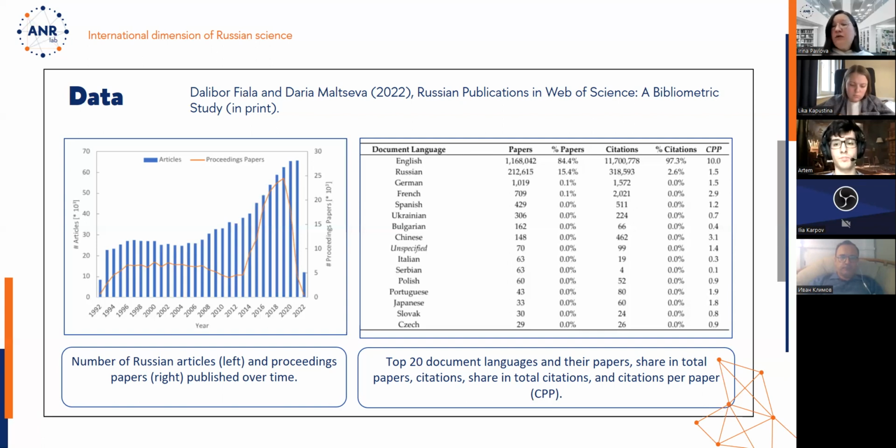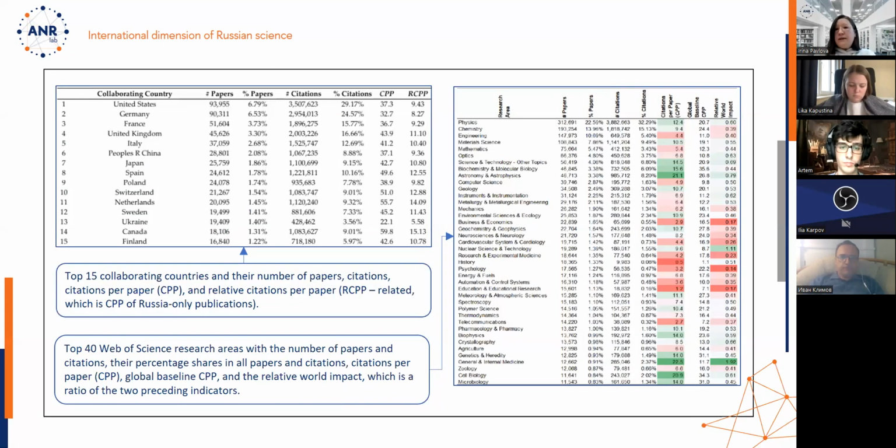Here we see that definitely in the first place it is English, then we have German, and then we have publications in other languages present in this large data set. It was possible to analyze the percentage of the papers and citations per paper, and this quite comprehensive paper describes this data set. The scientific fields were split as they were presented in the data set, and it was possible to analyze general numbers for different disciplines like physics, chemistry, engineering.